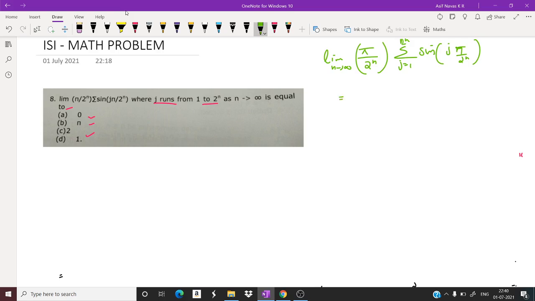So this is equal to limit n tends to infinity. So now we know that as n tends to infinity, clearly 2 raised to n tends to infinity.